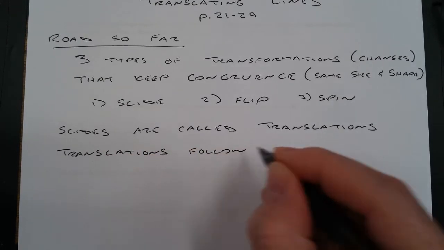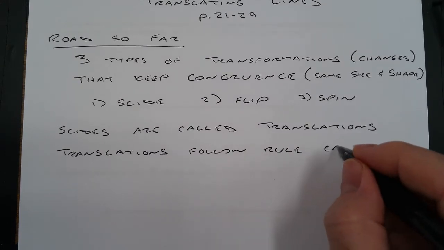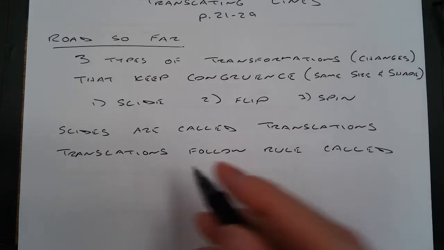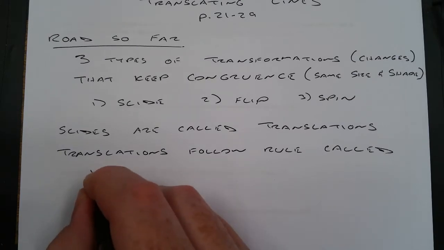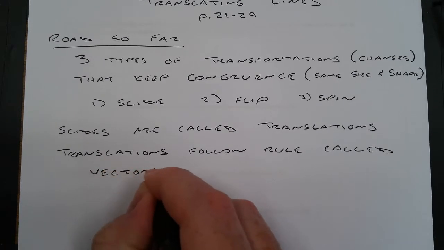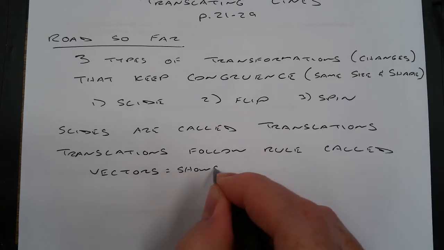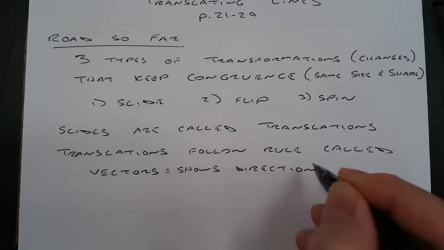After all, math is a science, and we need to be precise. And to be precise, we need rules. And the rules that translations follow are called vectors. And remember, a vector shows direction with it. It's like an arrow. It shows what direction.